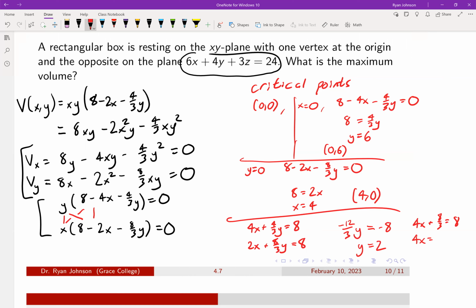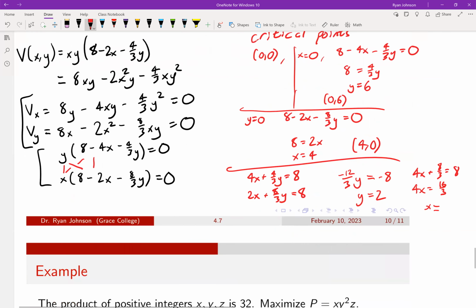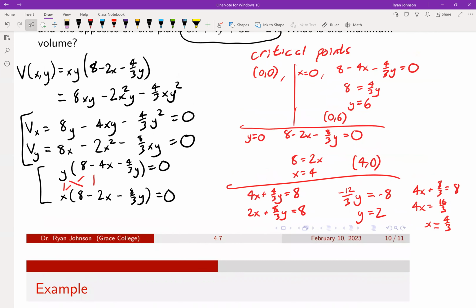So then 24/3 minus 8/3 would be positive 16/3. So x equals 4/3. So that's the last critical point, 4/3, 2.